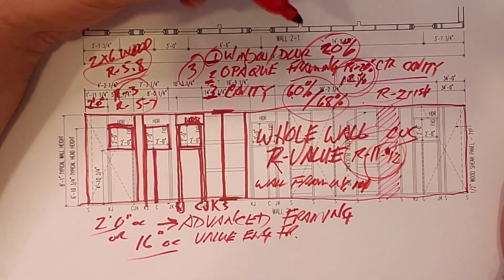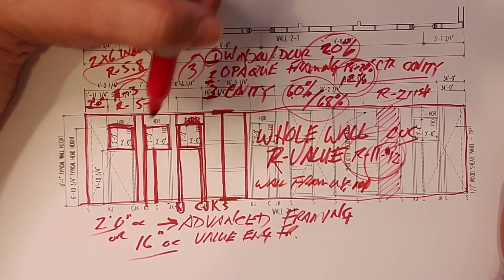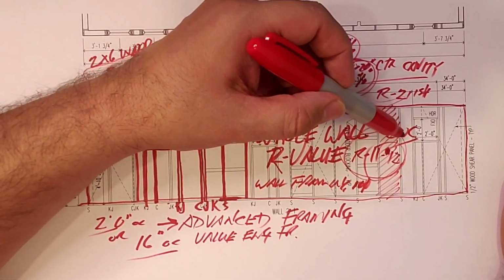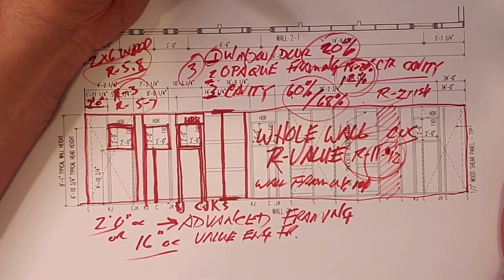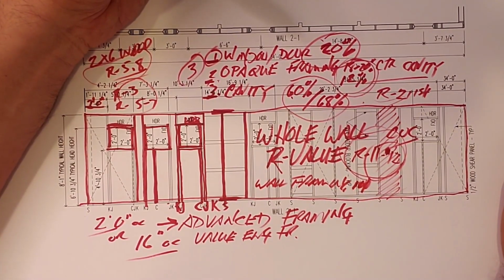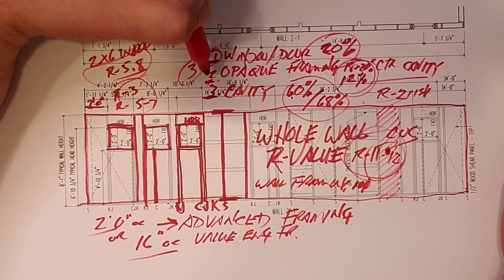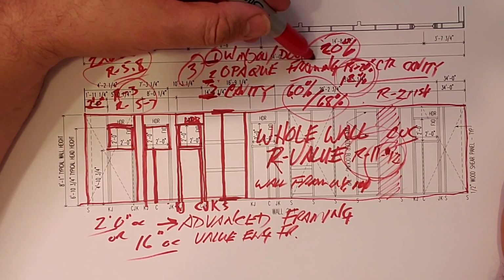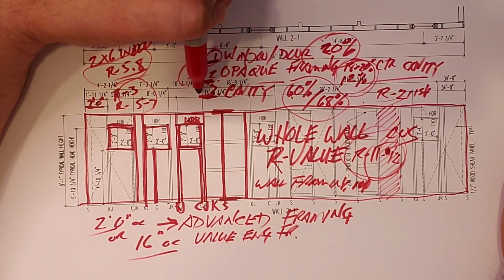So anyways, quick summary, right? Typically center of cavity, that's what we cite as the R value of the wall, but the reality is that the wall actually has three components to it: windows and doors, the opaque framing area, and the cavity area.